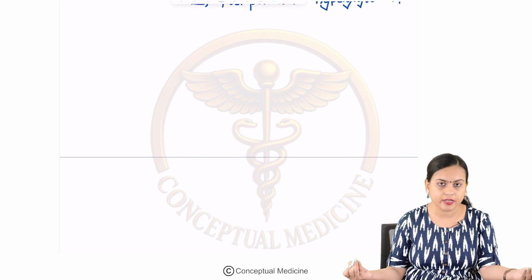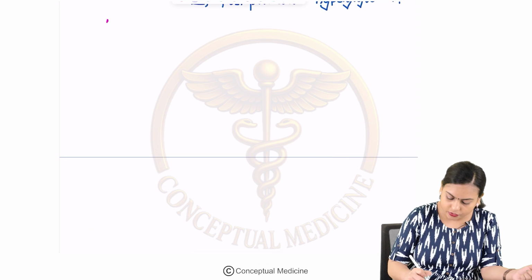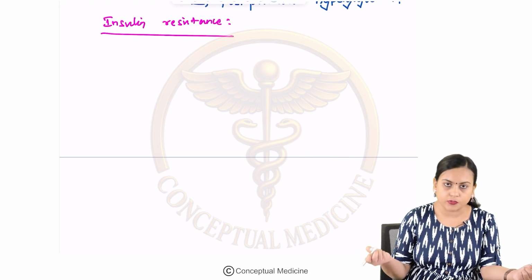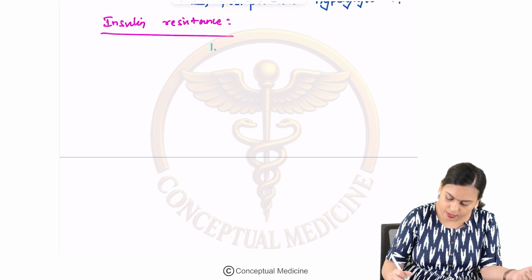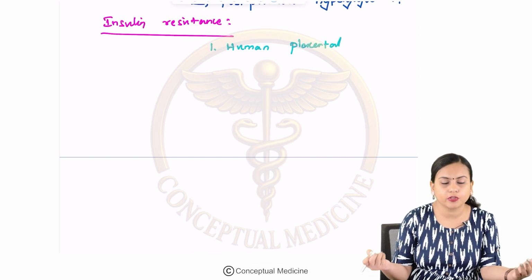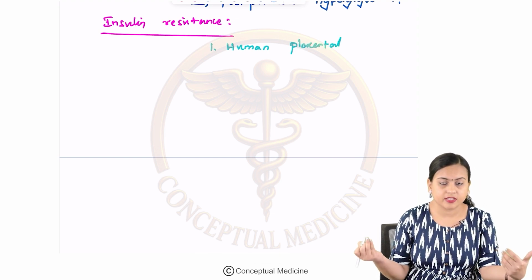Now, why does insulin resistance happen in pregnancy? It is due to various hormones, right? So insulin resistance in pregnancy is due to various hormones like, number one, human placental lactogen. This is the very important hormone that is leading to insulin resistance in pregnancy.